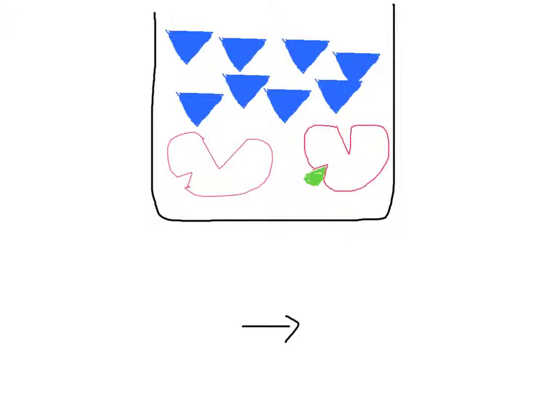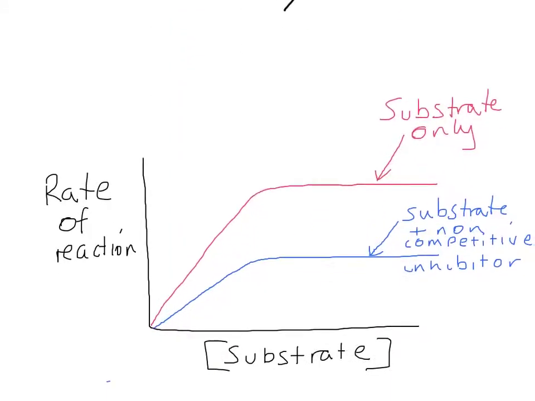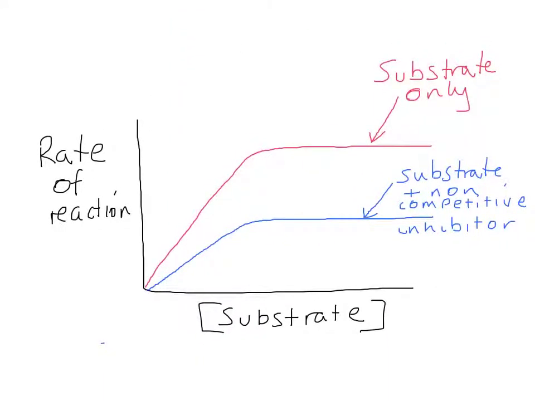If I represented that graphically, here's my normal line of an enzyme-controlled reaction with a substrate only, but this time I put a non-competitive inhibitor in. At low concentrations we increase the rate, because there's more substrate and more chances of collisions with the active sites that are available.